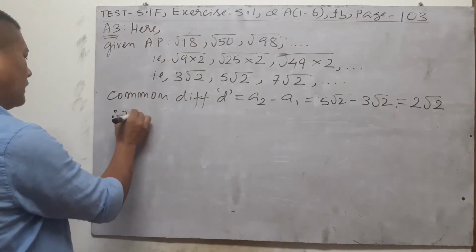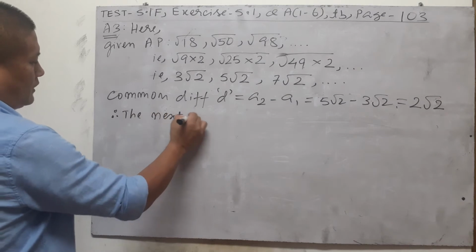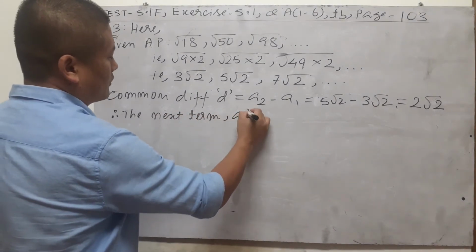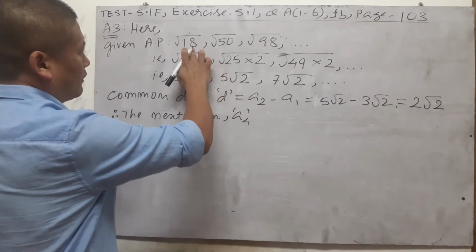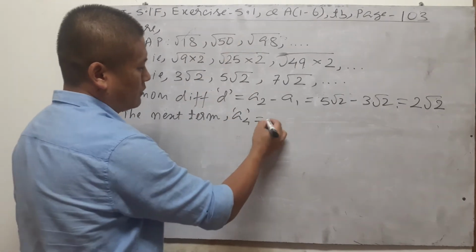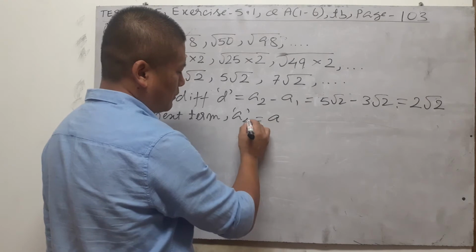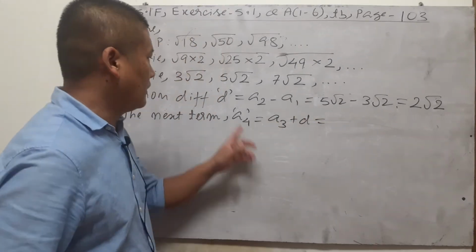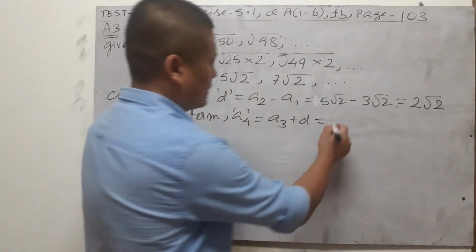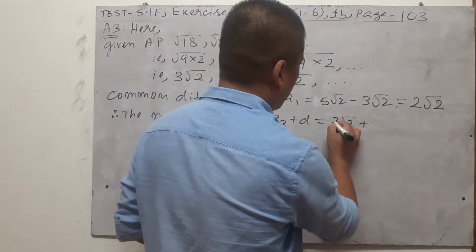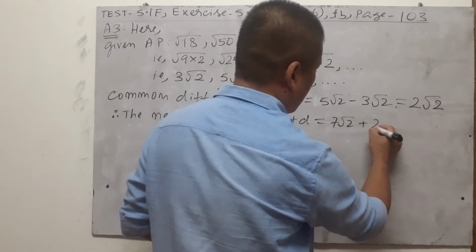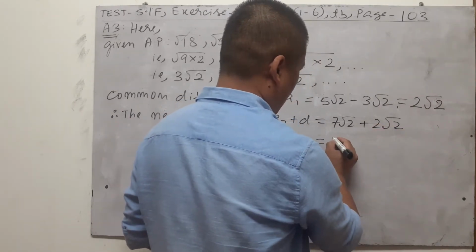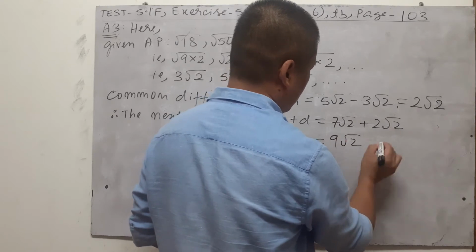Therefore, the next term in this AP, which is A4, because up to A3 is given: A4 will be equal to A3 plus the common difference. A3 is 7 root 2, plus the common difference 2 root 2. That is 7x plus 2x, so that is 9 root 2.